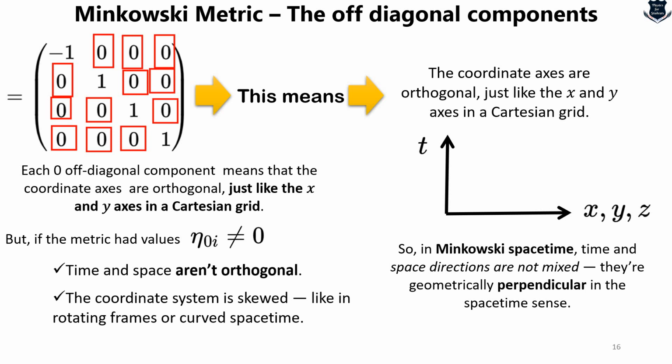But here is a quick point I would like to tell you: remember that orthogonality does not mean time and space are completely different. It means that they are independent directions in space-time, but they are still part of the same unified structure, which is called the space-time manifold or the space-time continuum. This is the reason Einstein united space and time in one continuum.